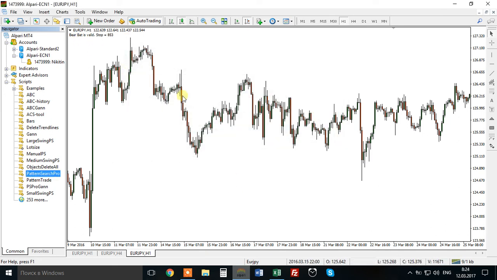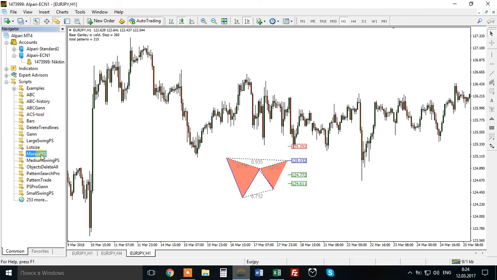You see, we have much more. Let's calculate how many patterns we have total, large and medium. I will draw this pattern to calculate that. We have 215, some of them are invalidated, maybe we have 150, 180 total patterns. What else can you do?